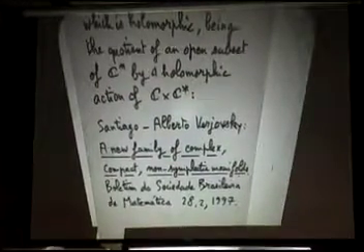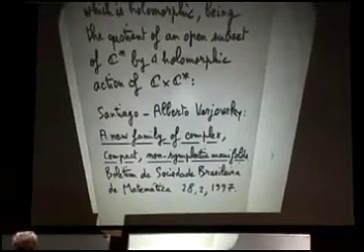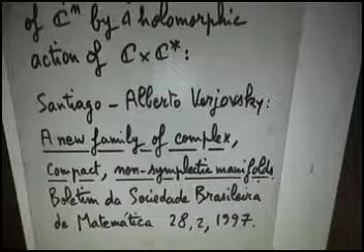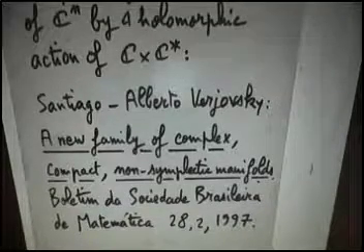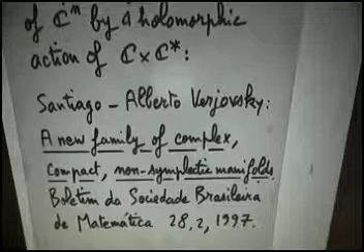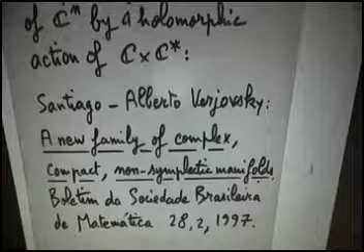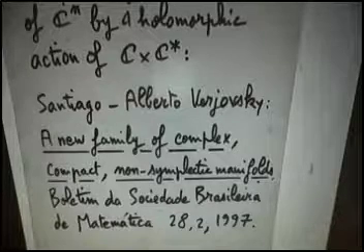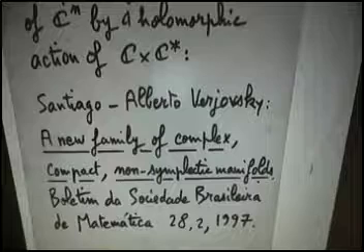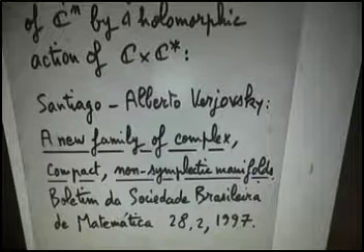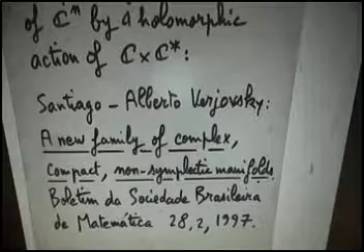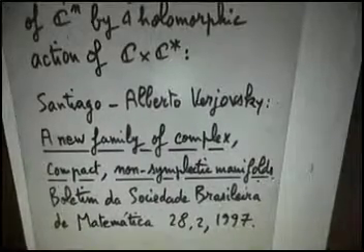they provide examples of compact complex manifolds which are not symplectic, which means that they cannot be endowed with a symplectic form. Because if you have a symplectic form, then you have a trivial H2, I think, and that's the reason.